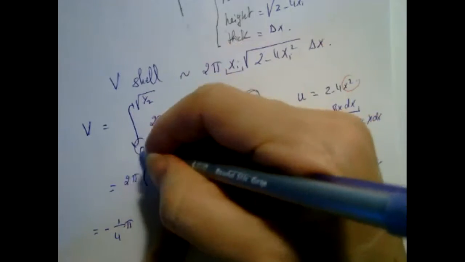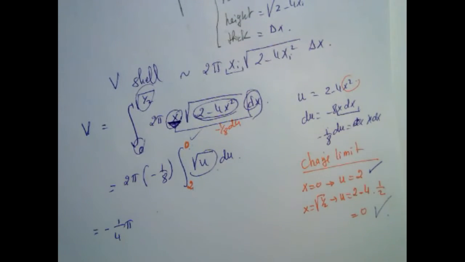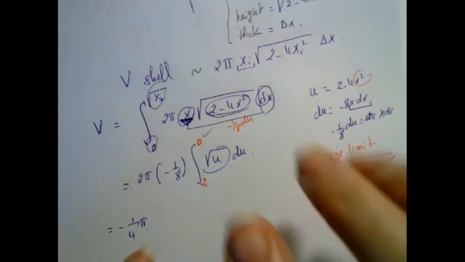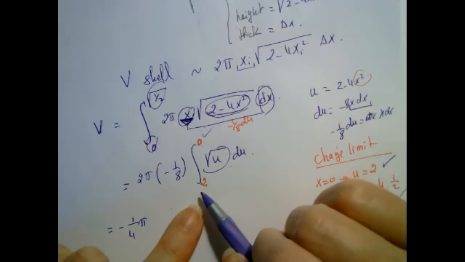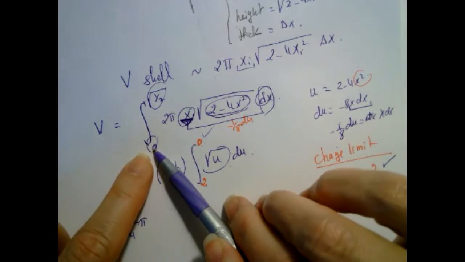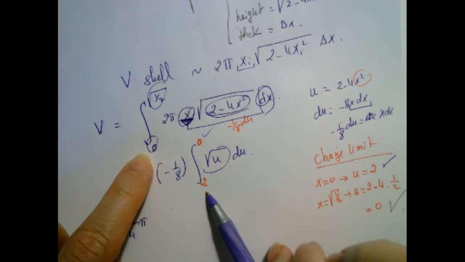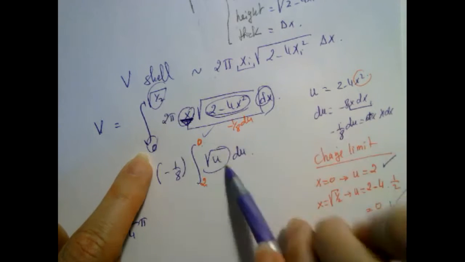So the lower 2 stays, and the upper one turned into a 0. Did that make sense? I cannot change it just because this is larger. Whatever the value of x here, the u that corresponds to this value of x, I put it lower, and exactly that.